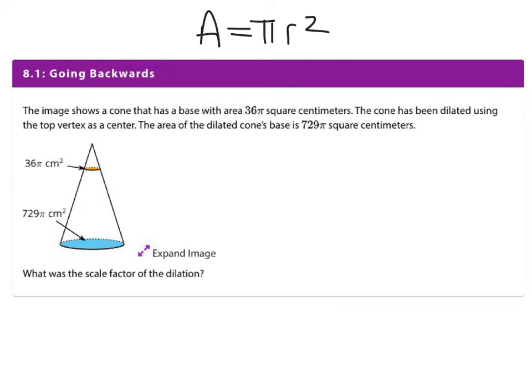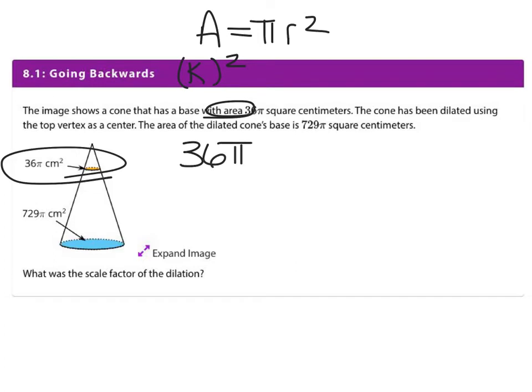So we're talking about area. With area, we take our scale factor, which is k, and square it to get from our pre-image to our image. So we can say here that our pre-image is 36 pi, and we're going to multiply that by some scale factor squared to get 729 pi.